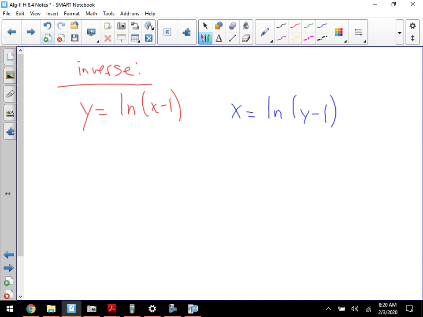Okay. From there, I always want to rewrite as log base e. And the reason why I want to do that is so that way you see how the inverse parts of this work. So again, I'm going to rewrite this as x equals log base e of y minus 1.